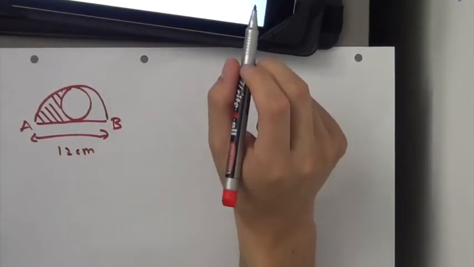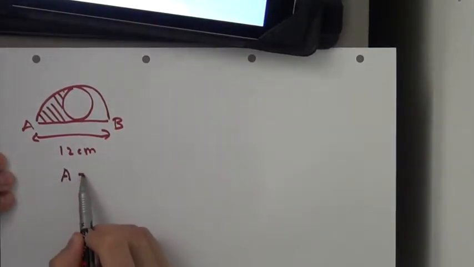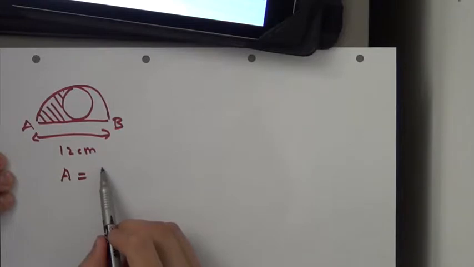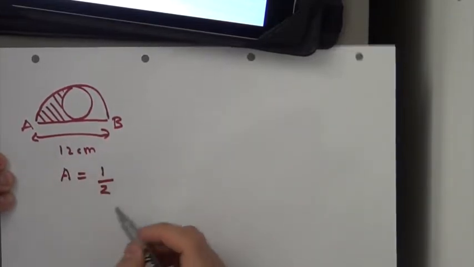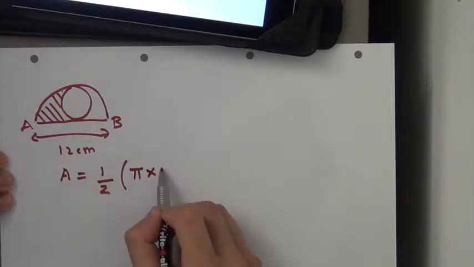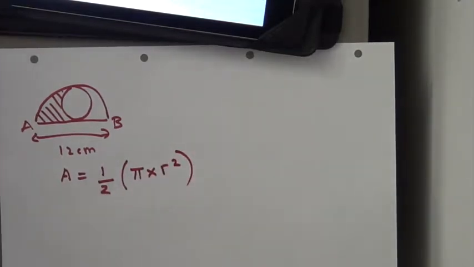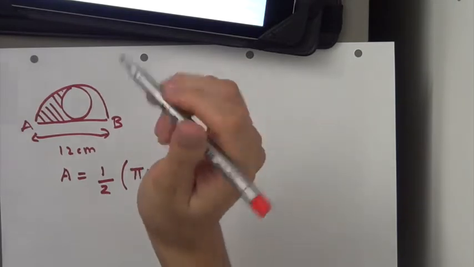So, first of all, we can say the area is equal to a half, and I'm working out the semicircle area, half times pi times r squared. And this would be the area of the total semicircle.